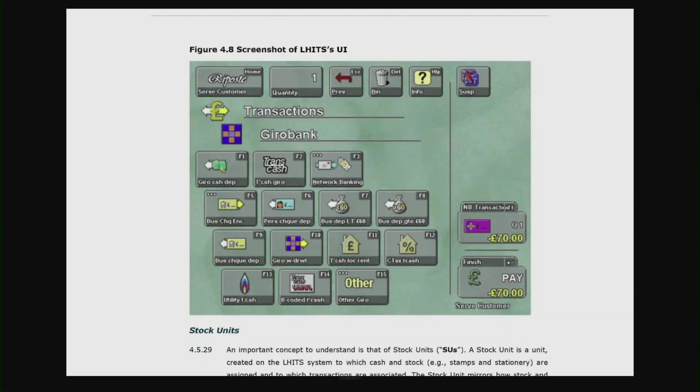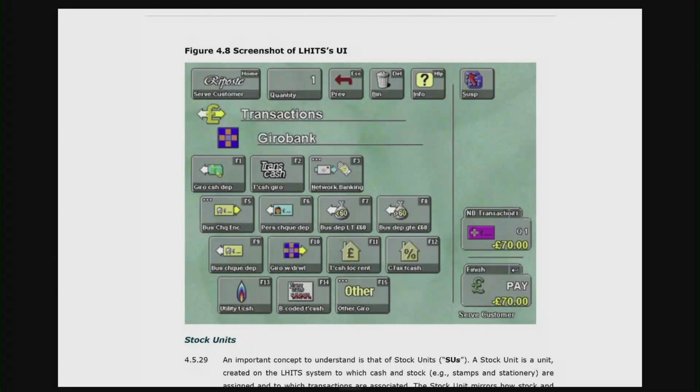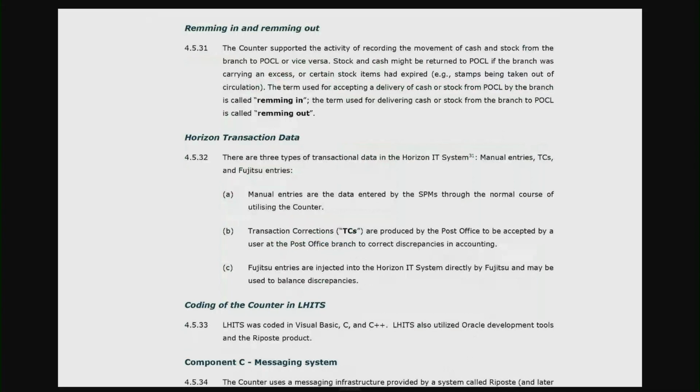You mentioned in your answer there the concept of REM out to supply division, RSOD, and REM in supply division, RISD. Can you explain the concept of remming in and remming out, please? Yes. So the stock and cash at a particular branch could be undersupplied or oversupplied depending on the activity that's occurred at that branch.